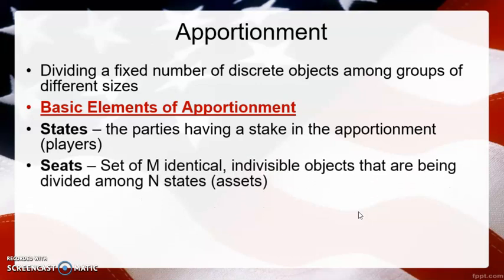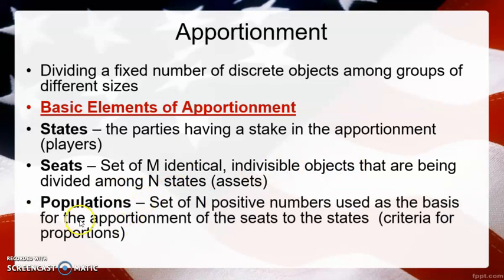The second basic element is seats, and that is a set of M identical, indivisible objects that are being divided among N states. So the states, in our example, would be the campuses, and the seats would be the tutors. So they are the identical, indivisible objects that we're dividing amongst the various campuses.